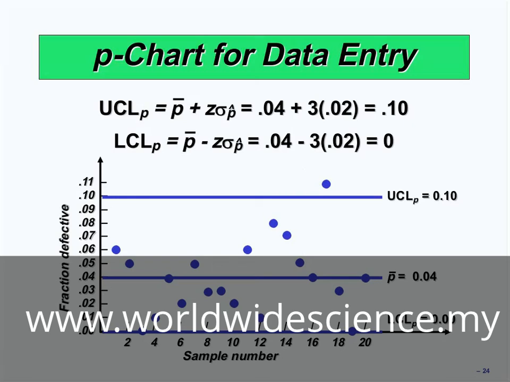The horizontal axis is sample number or number of hours, which was 20, and the vertical axis is fraction defective. For example, in sample number 1, the fraction defective was 0.06, if you remember.